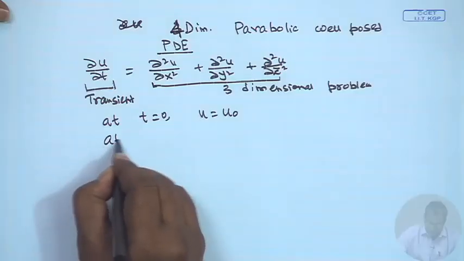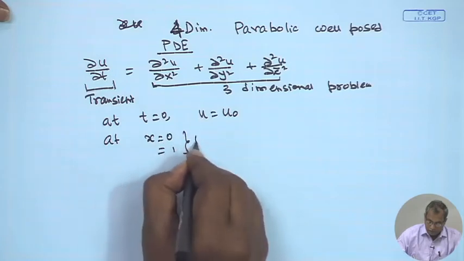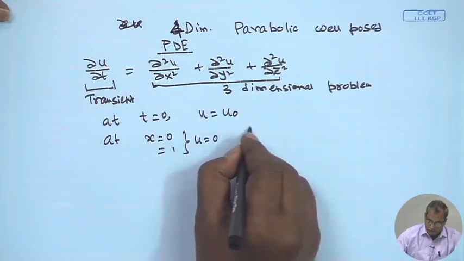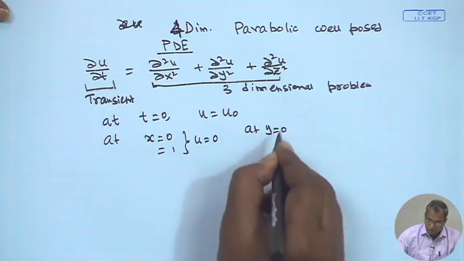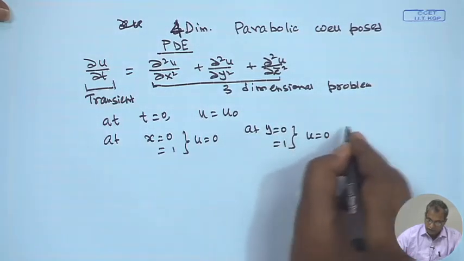That means their values are specified at those boundaries, which are homogeneous in order to have a well posed problem. So, at x is equal to 0 and 1, we have u is equal to 0. At y is equal to 0 and 1, we have u is equal to 0.